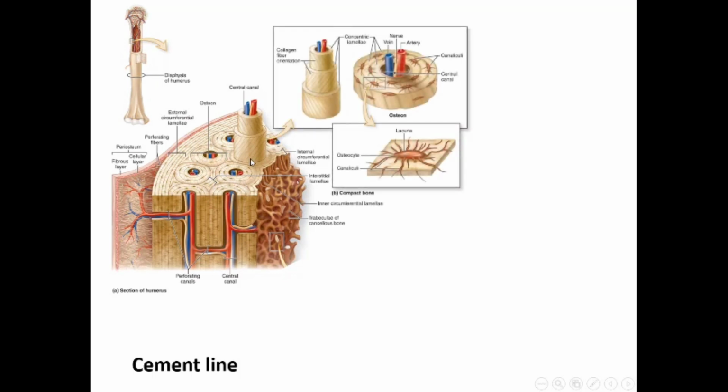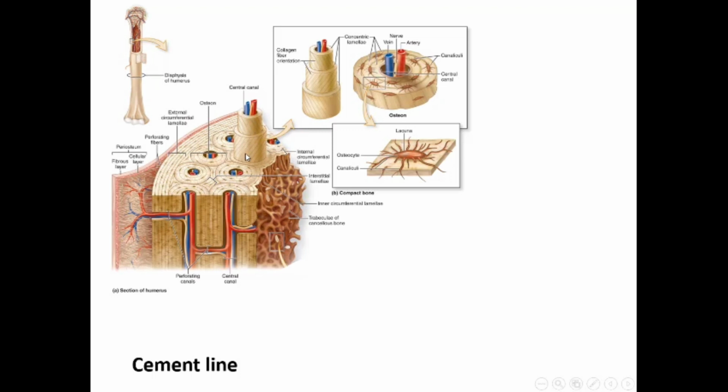When we bring out the layers of a Haversian system, for example here 3 layers, we can see in each layer a different orientation of collagen fibers. For example, here they go from the left and down to the up and right, and in the next one you can see it's vice versa.